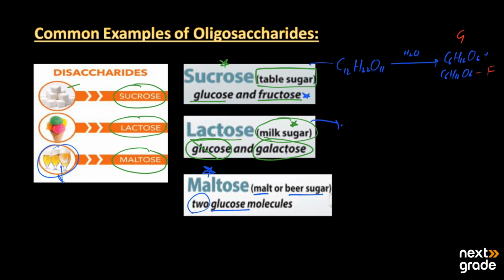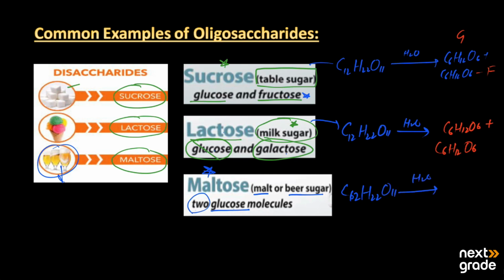On the other hand, lactose has the formula C12H22O11, and upon hydrolysis it produces glucose, C6H12O6, plus galactose, which is C6H12O6. And maltose, C12H22O11, upon hydrolysis produces two molecules of glucose, each C6H12O6. So this is glucose.